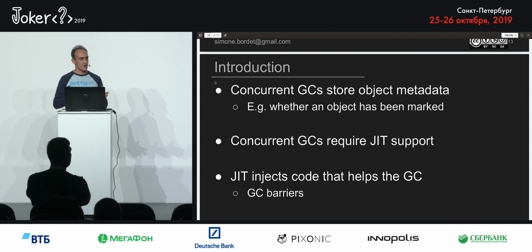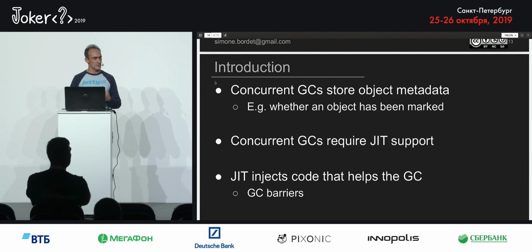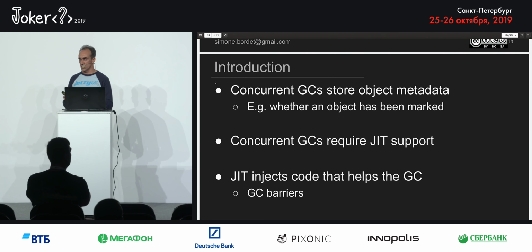The basic strategy the concurrent garbage collectors use to solve this problem is twofold. The first one is to store some additional metadata about either the references or the pointers that mark the object itself. And then they require JIT support.